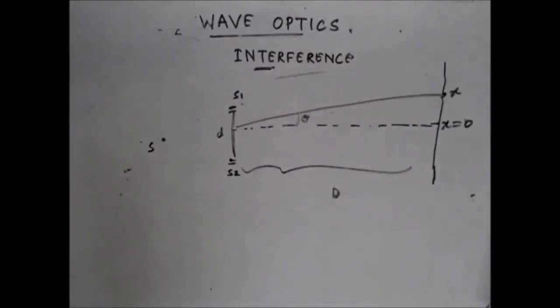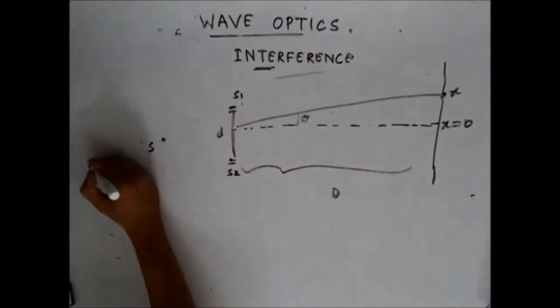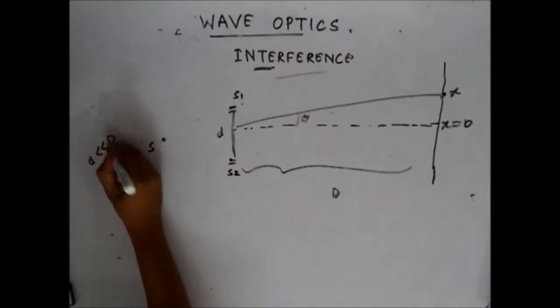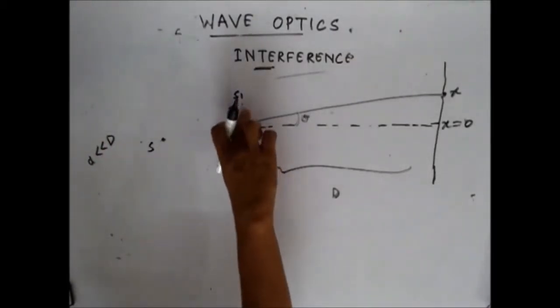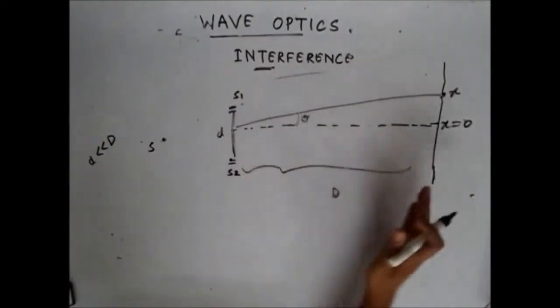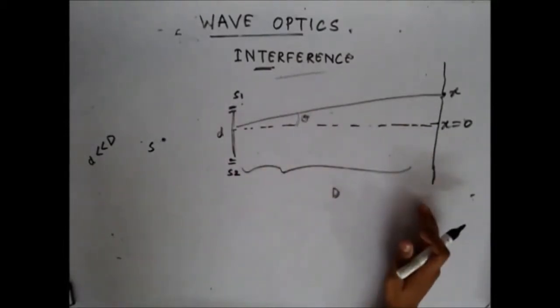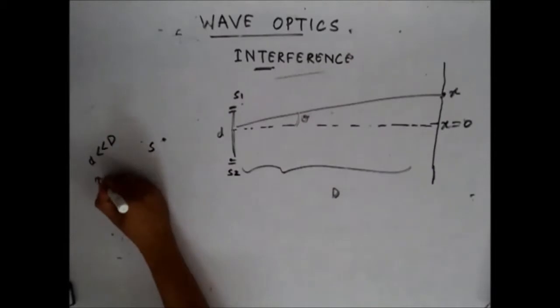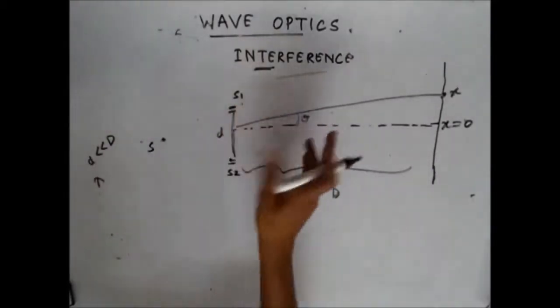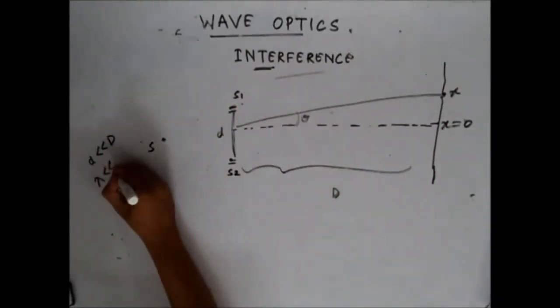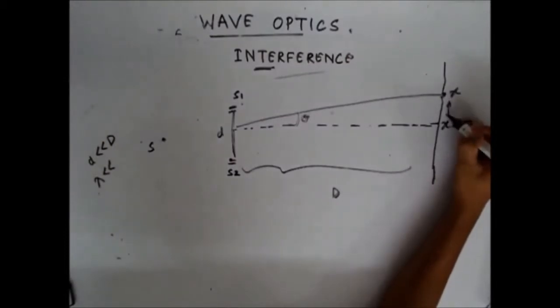The first condition of this setup is that small d should be very much less than capital D. That means the distance between the two slits is very much less than the distance between the slits and the screen, and the wavelength of the light should be very much less than this distance x which we are measuring.